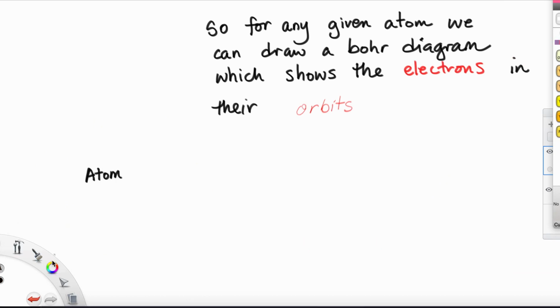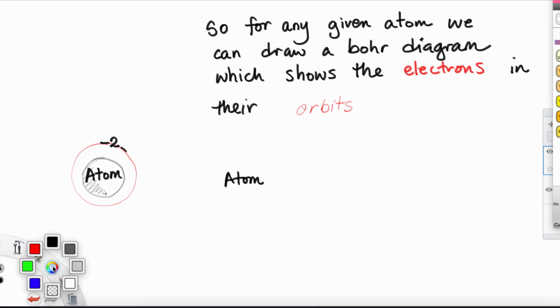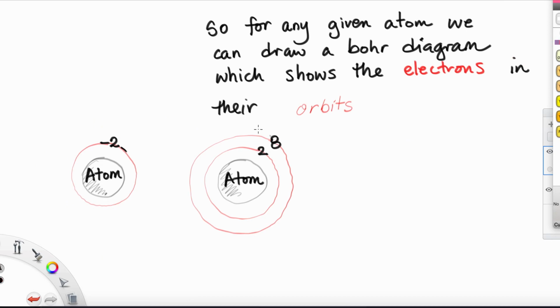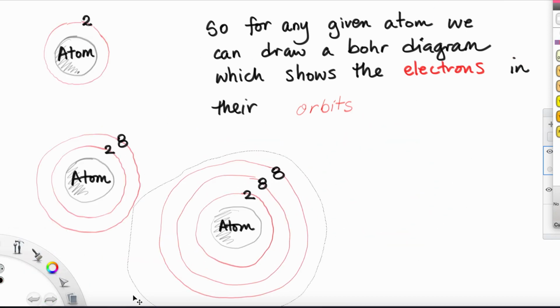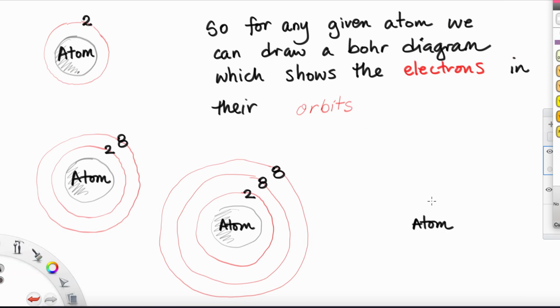So for any given atom, we can draw the Bohr diagram which shows the electrons in their orbits. Now each orbit has a limit to how many electrons it can hold. The first orbit can only hold 2 electrons. The second orbit can only hold 8. If we have 3, then it's 2, 8, 8.